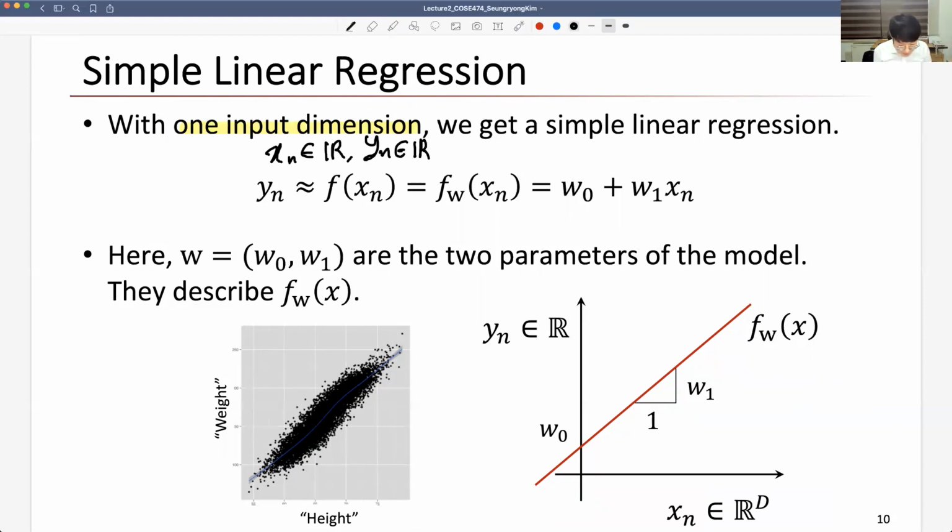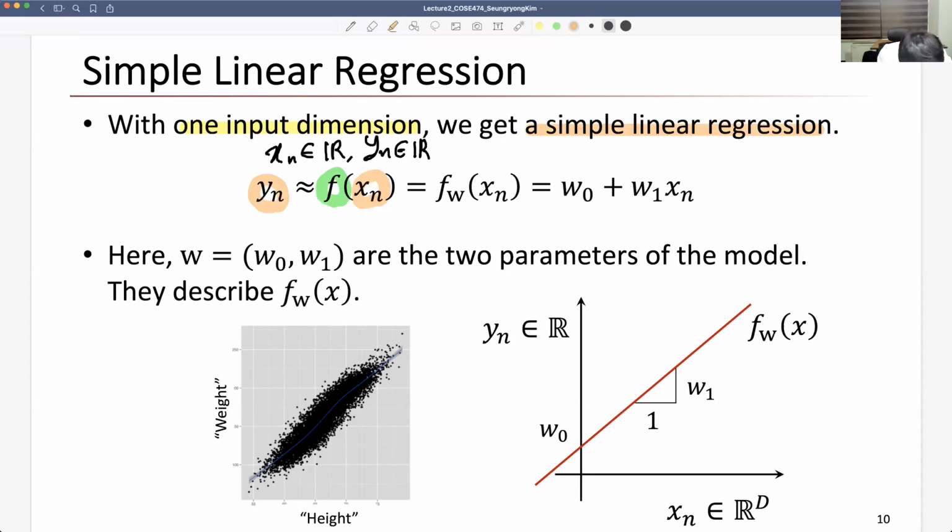Then we can get a simple linear regression function, something like this. So yn is the output variable, f is our mapping function, and xn is our input variable, right?